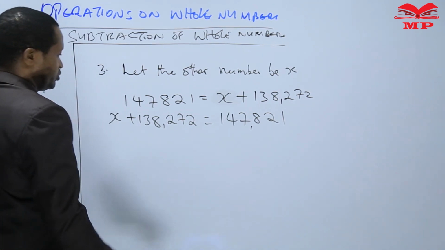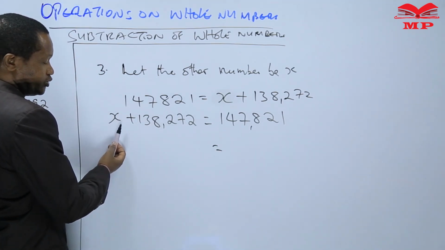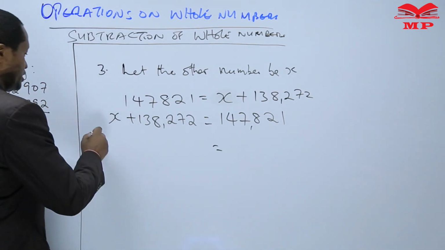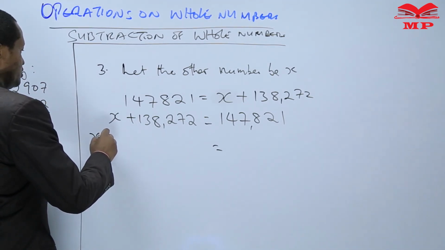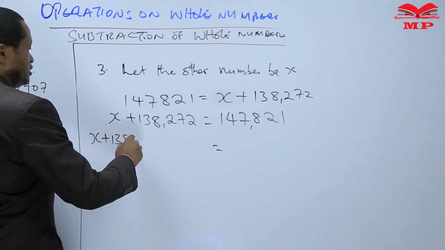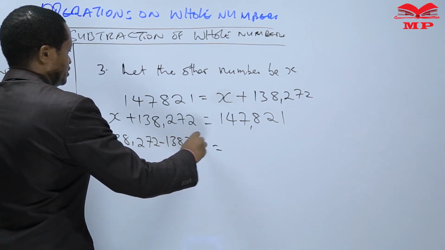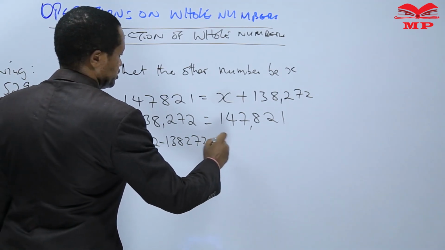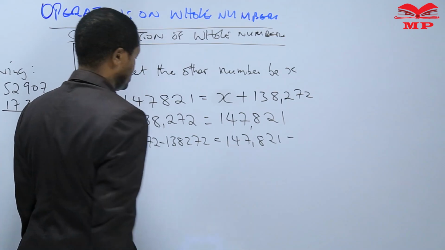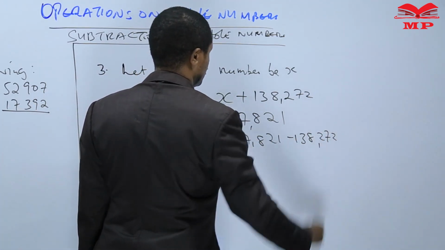So here, learners, we will subtract this number on both sides so that we remain with the x on the left hand side. We'll subtract 138,272 from both sides. 138,272 minus 138,272 is equal to 147,821 minus 138,272.